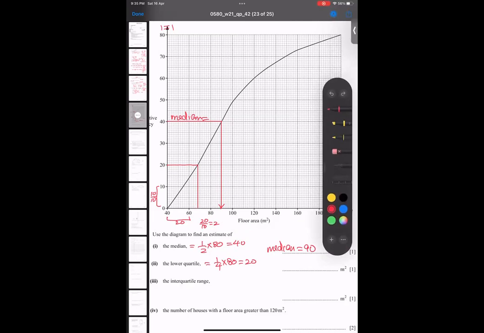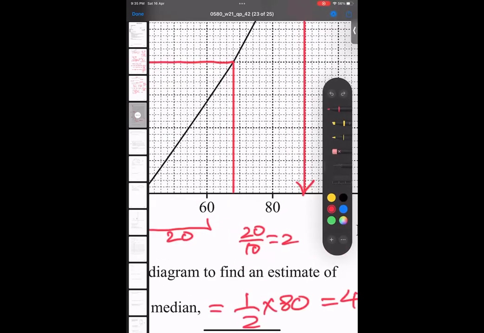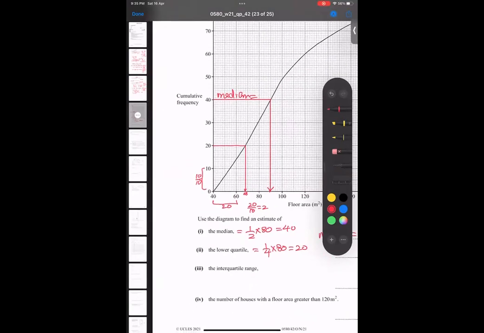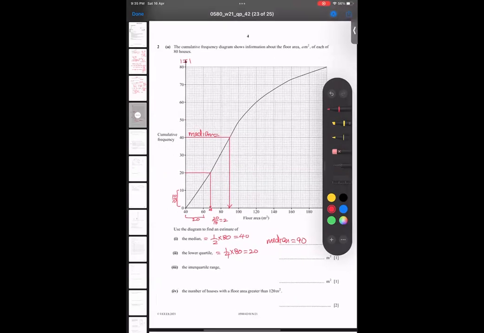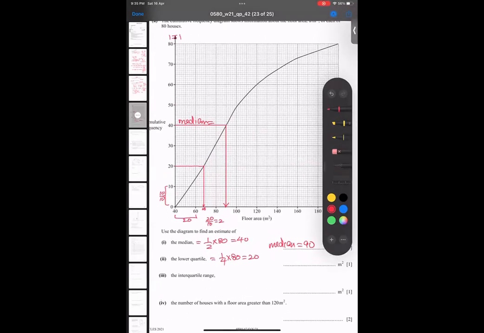So 60, 62, 64, 66, 68. This number is 68. So the median is 90 and the lower quartile is 68.